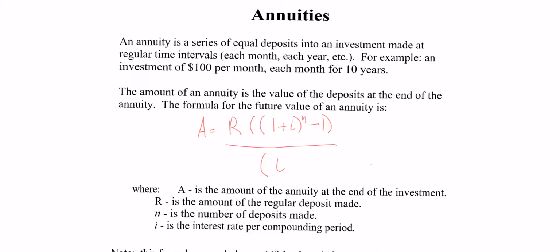Then divide by, bracket, the variable i. Now, i is the same variable i that we used in our previous compound interest problems. But R, big R, stands for the deposit that we make every month.